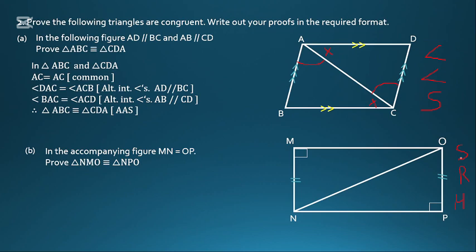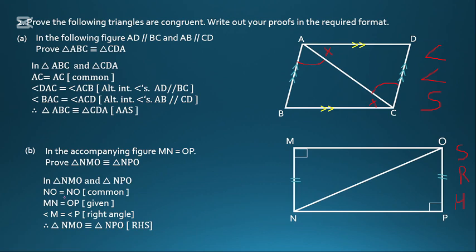So we can start by saying that in triangle NMO and triangle NPO, please, you must name the two triangles. NO is equal to NO. Now you know already, if it's equal, then the reason is common.